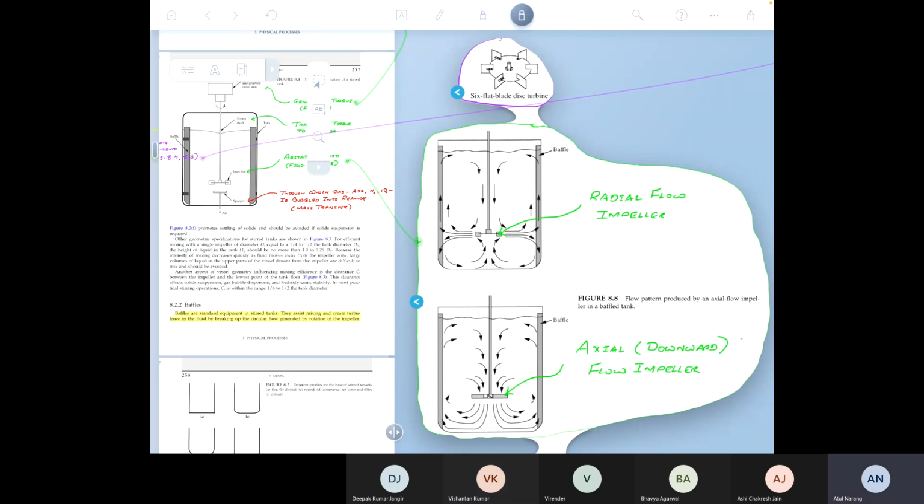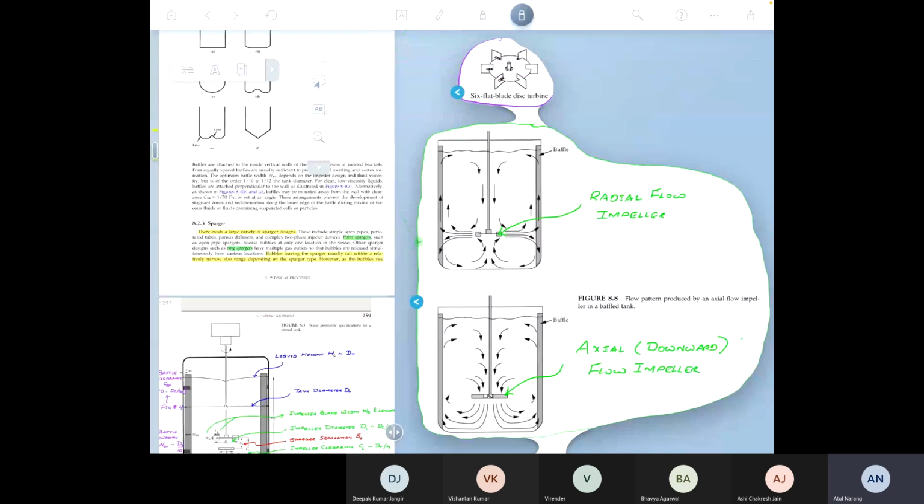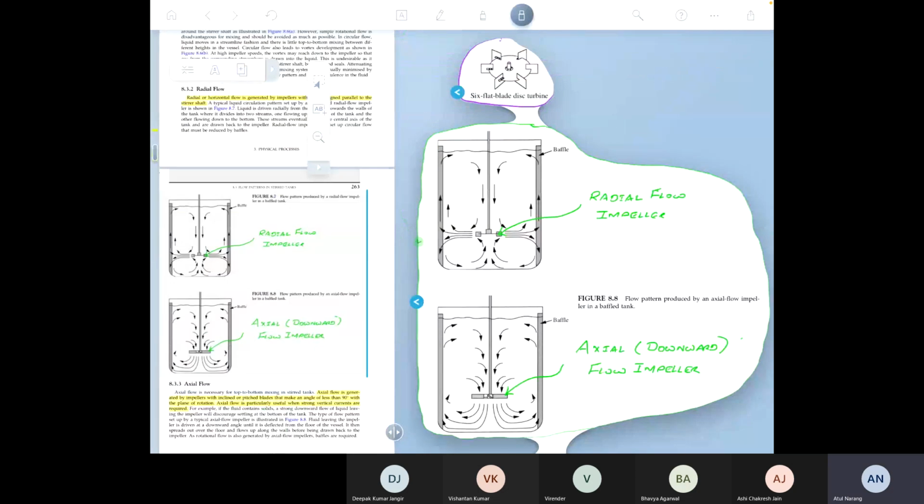So on top, right at the top, is what is shown as 6 flat blade disc turbine. This is basically, you can think of the impeller as something that looks like this. Maybe I have a better picture, a photo.